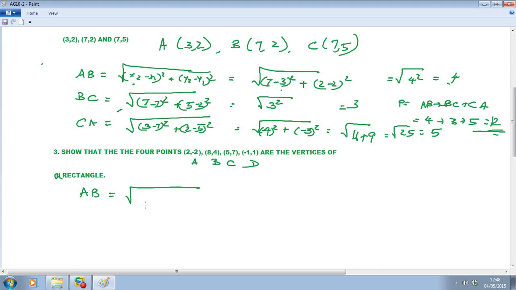We have to remember the formula: the distance between 2 points is the root of (x2 minus x1) whole square plus (y2 minus y1) whole square.